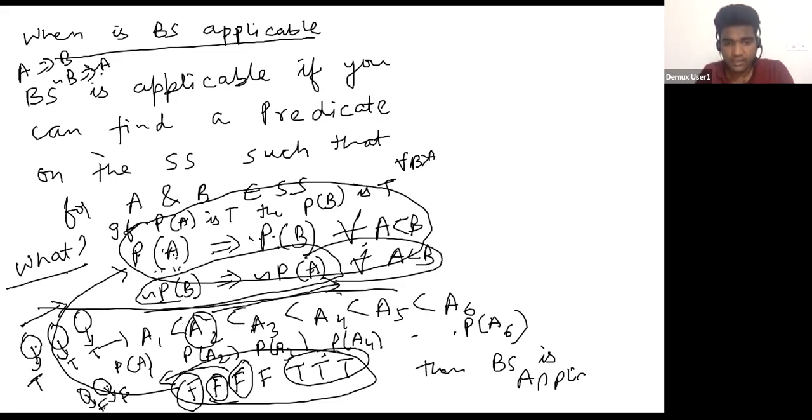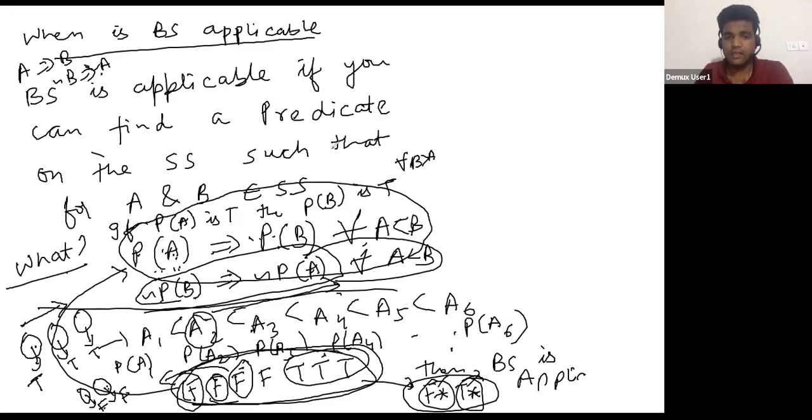So what is the resulting pattern or the sequence that emerges? It is a series of F's followed by a series of T's, which in regular expression you can write as F star T star, right? Zero or more F's followed by zero or more T's.